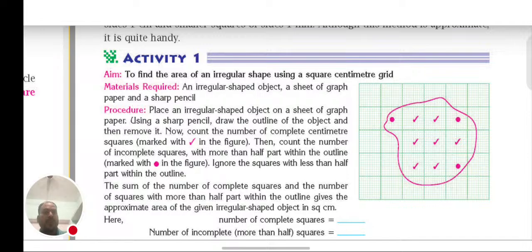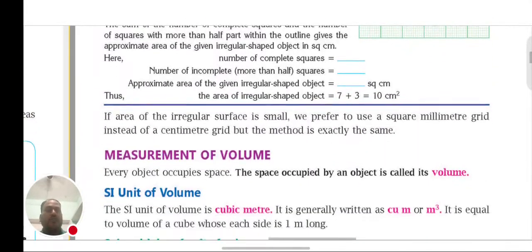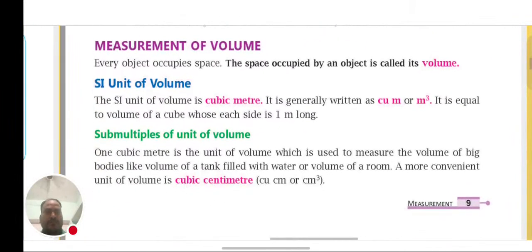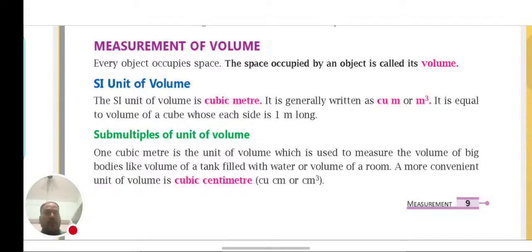Yes or not? Next topic which we have is measurement of volume. Every object occupies a space. The space occupied by an object is called its volume. So measurement of volume means whatever space is occupied by the object, that is known as volume.